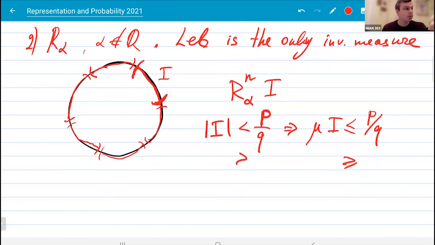So this is a sketch of the proof. So there are some maps that have only one invariant measure. There are, in fact, quite many of them, but this is not the part I want to discuss. And there are others.